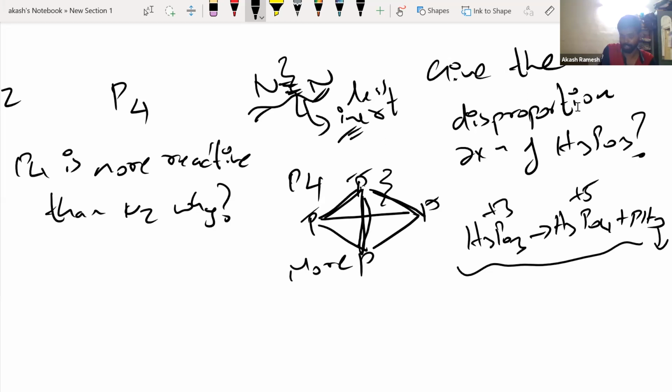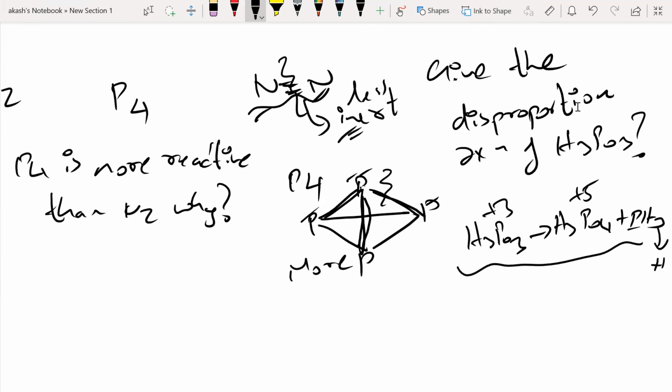What is hydrogen's oxidation state in this case? If you know hydrogen's oxidation state, then phosphorus can be calculated, right? What is hydrogen's oxidation state? +1. Yes, correct. Hydrogen is +1. So phosphorus should be -3.